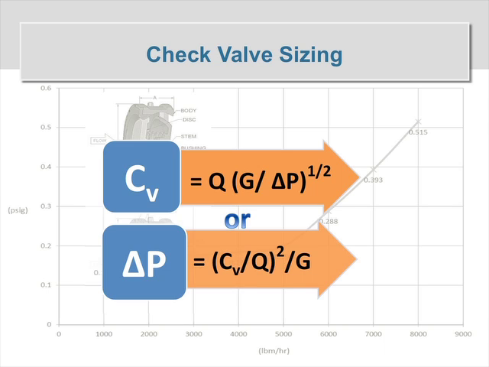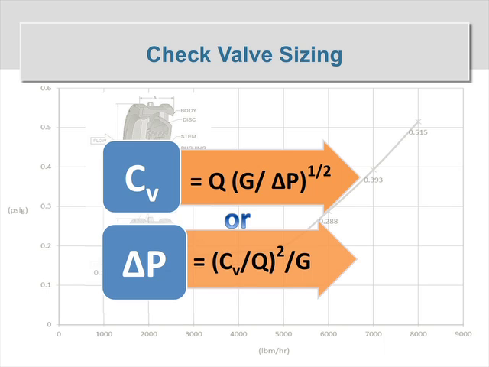If you want to calculate the Cv, which is, again, the valve design and manufacturer specific flow characteristic, then you're going to use the flow rate Q times the square root of the specific gravity divided by the delta P of the valve, or the pressure differential through the valve.